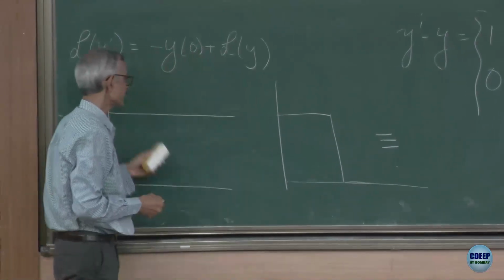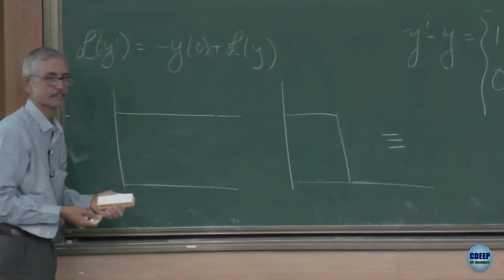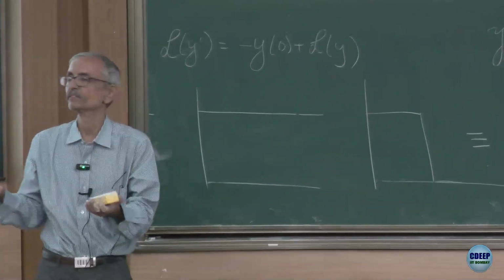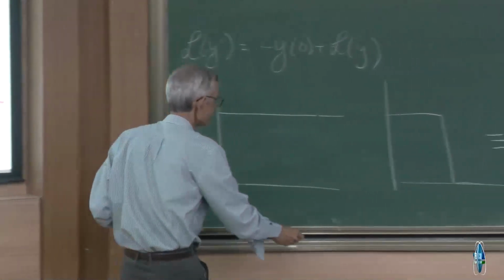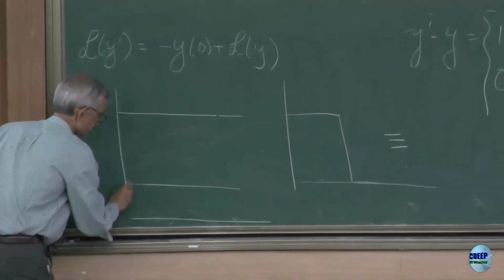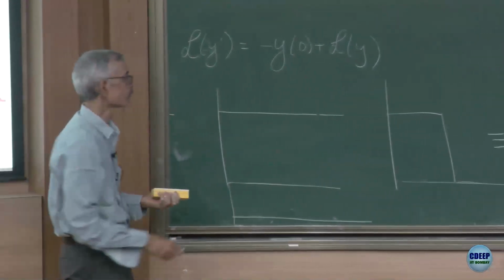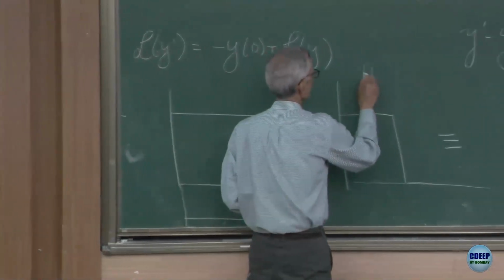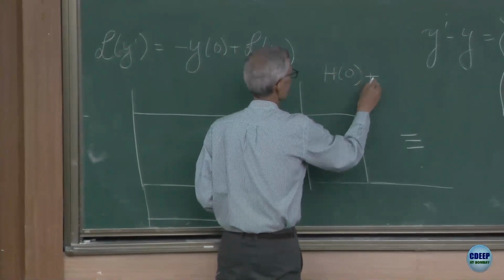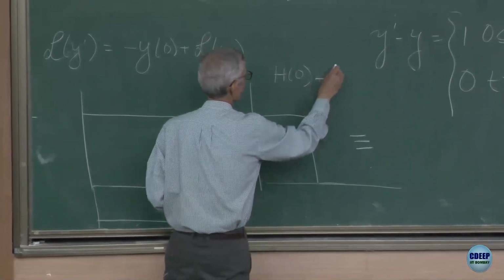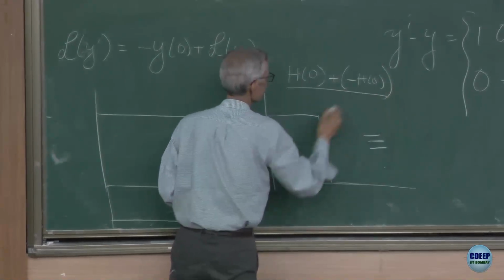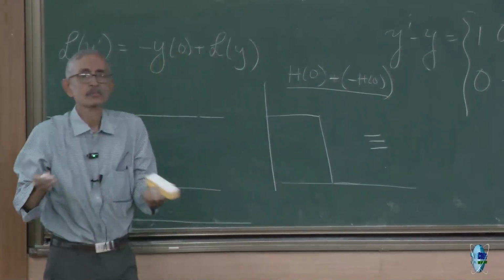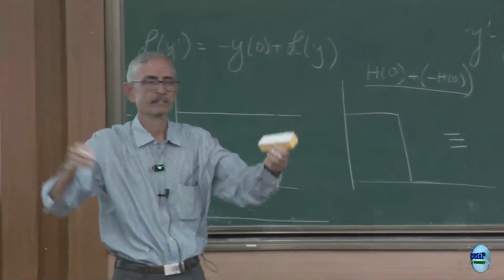Now, if I multiply the Heaviside function by negative unity, for example, then it will go like this, right? What would be h of 0 minus h of 0? It would be identically 0 everywhere, right?